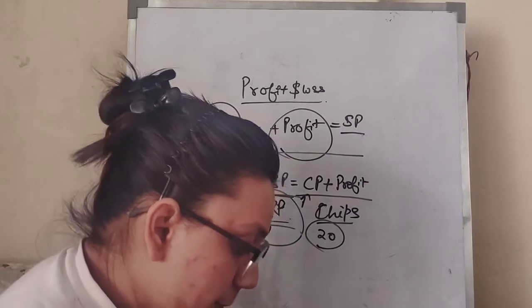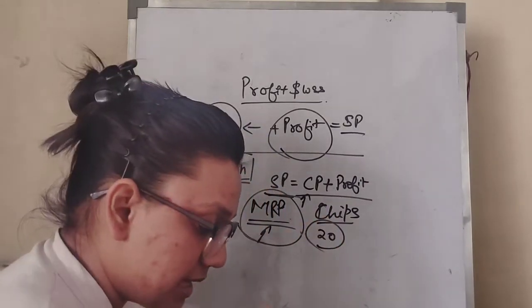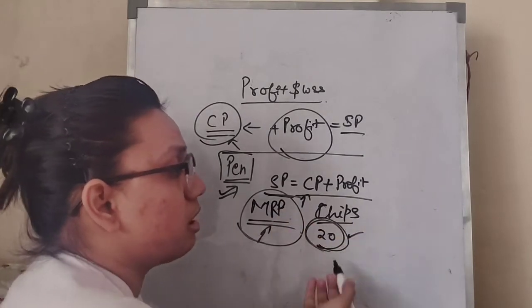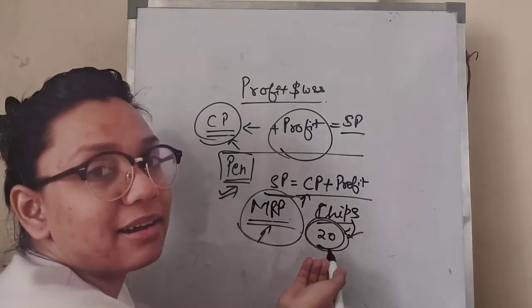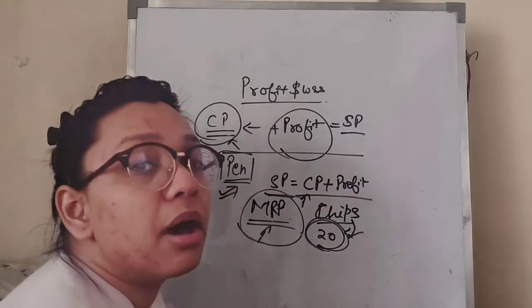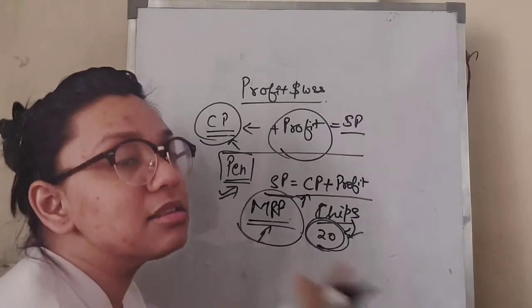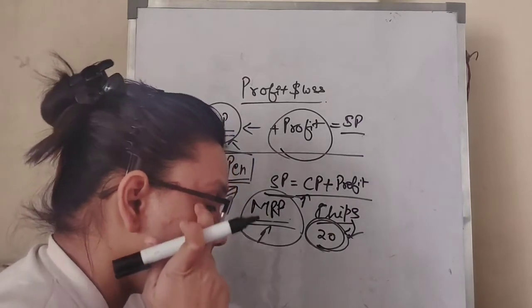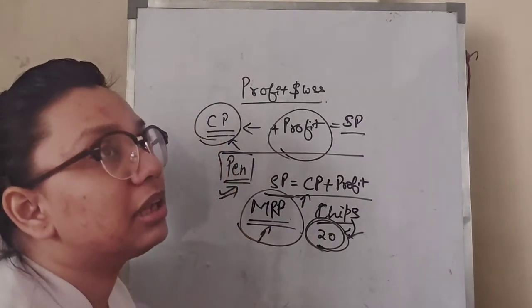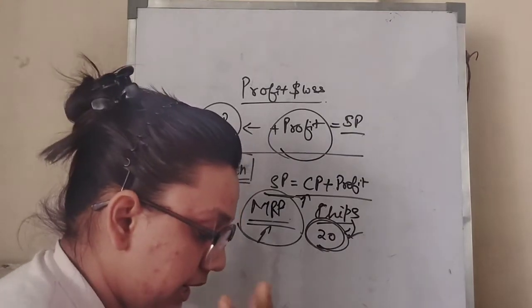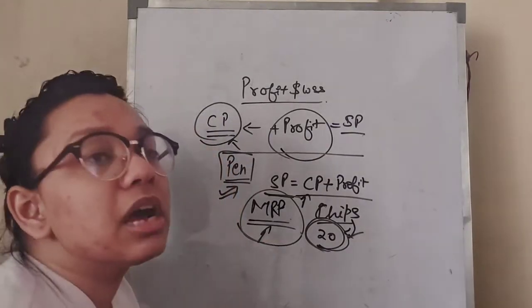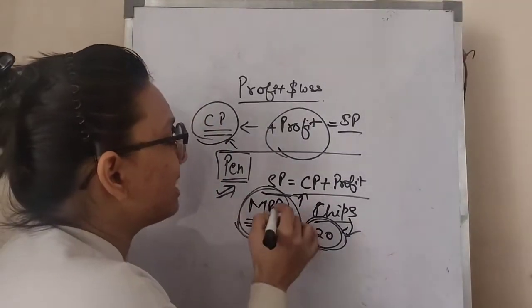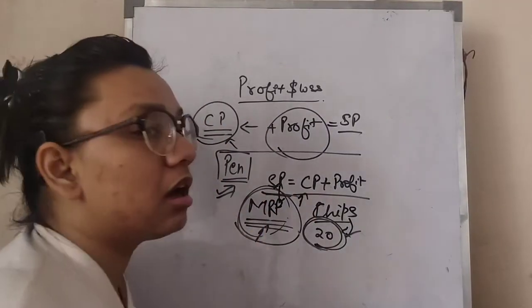The MRP of an article is the marked price on the label. The marked price on the chips packet is 20, so I'll say the MRP of the chips packet is 20 rupees. MRP is different from SP.